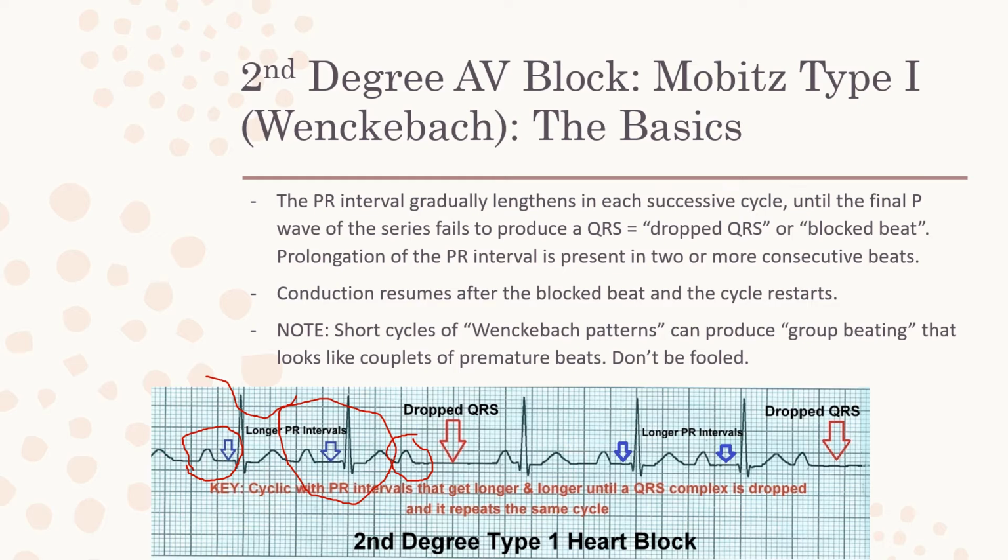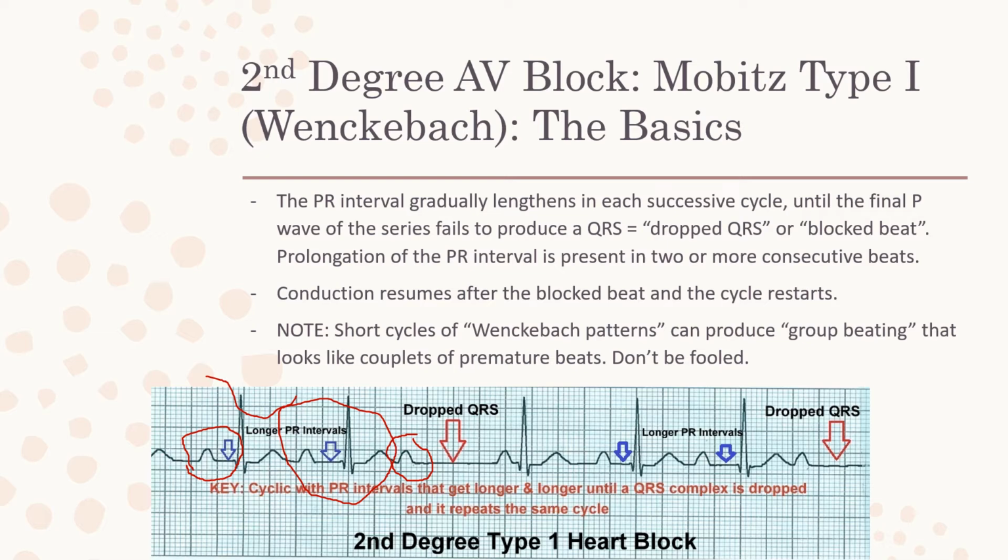The reason is that your P to Ps are going to measure out. In other words, that P wave is not going to come in early. Your R to Rs do not measure out here because you have a dropped QRS.